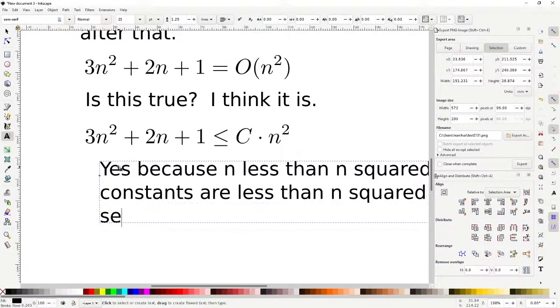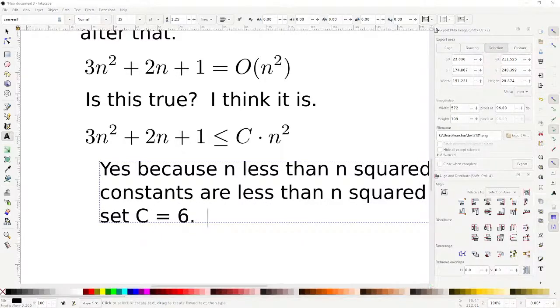And we can set c equal to 6, right? So what we can do is set c equal to 6, and then if you agree that, if we just change these all to n squareds, instead of being 1, we change this to 1n squared, we change this to, basically this is what I'm saying. This is the kind of mathematician's way to do it, which I think is actually pretty cutesy, and it gets the job done.